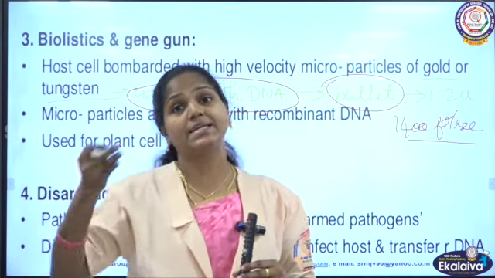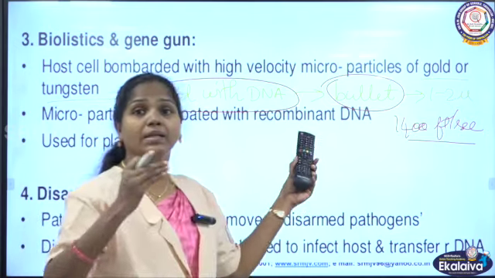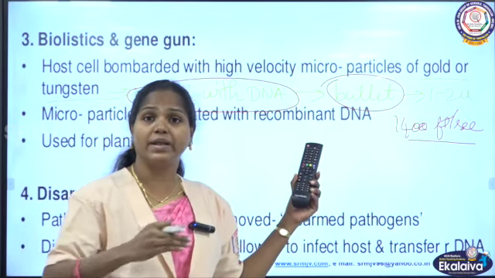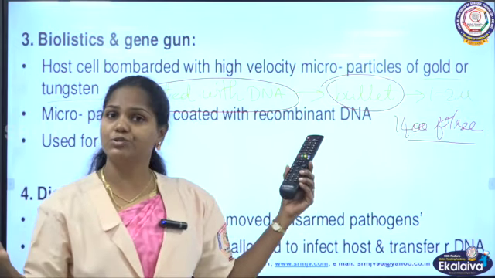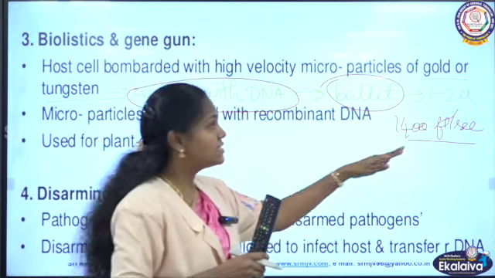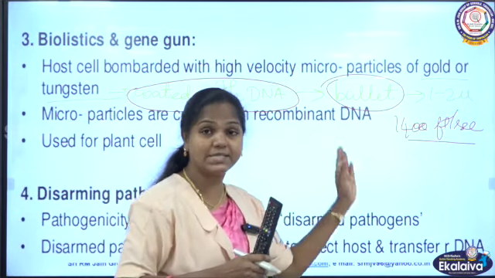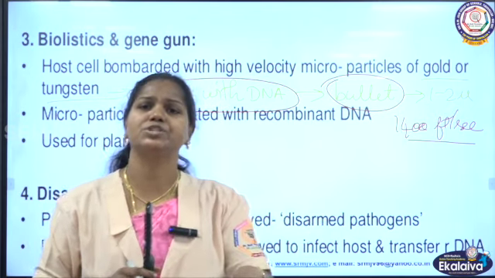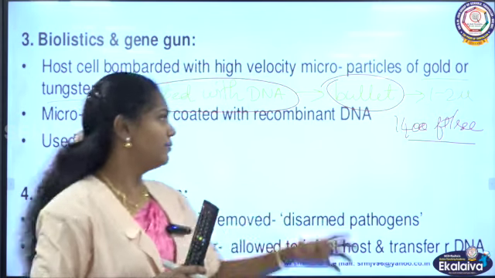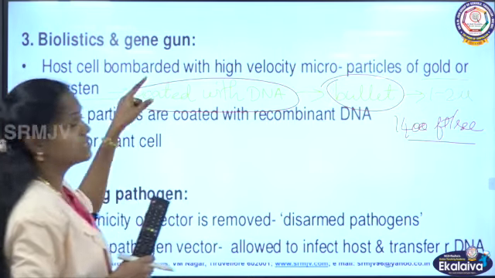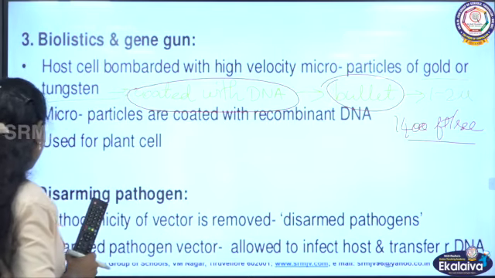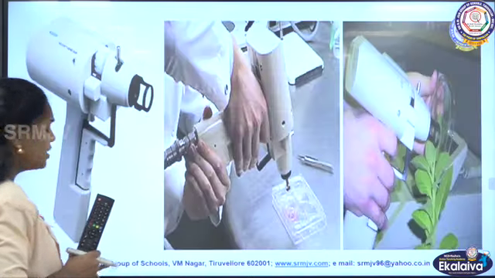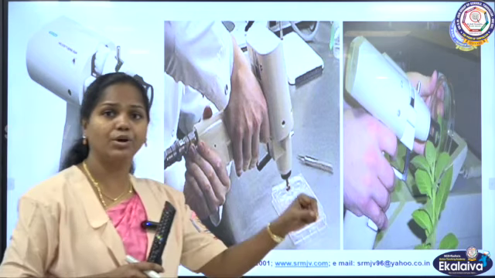If it exceeds this limit, there is a chance for the DNA to go out of our host cell. If the speed is less than this particular value, sometimes the DNA cannot gain entry into the host cell. So this is how they use this gene gun to introduce our DNA into the host cell.